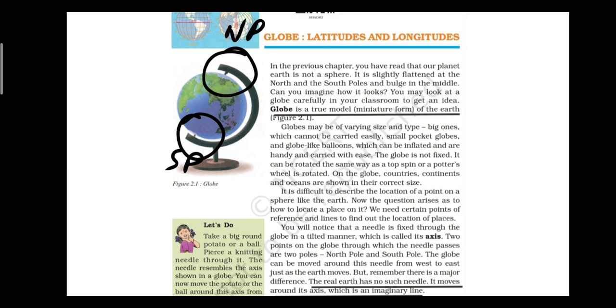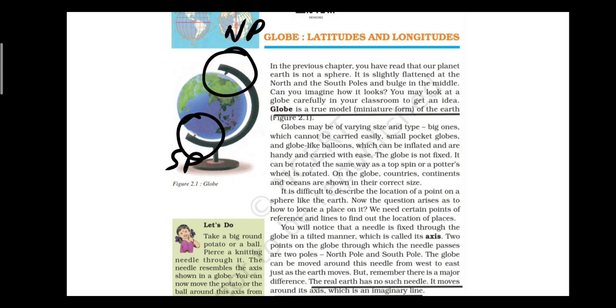It has only been minimized. So only the size has been reduced, but it is shown in its correct shape. For example, maps. On the maps also the size of any country is reduced, but it is shown in its correct shape. In the same way, on the globe also, every country, continent and ocean is in its right shape.